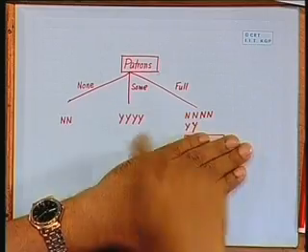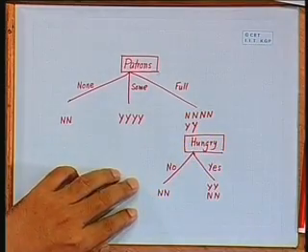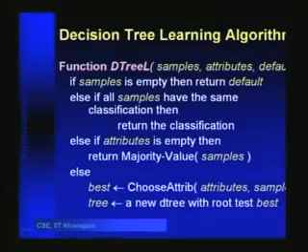Okay. Now, coming back to the code, if samples is empty, then we return default, if you do not have any more samples to classify. Else if all samples have the same classification, like we had for the Patrons case, then return that decision.